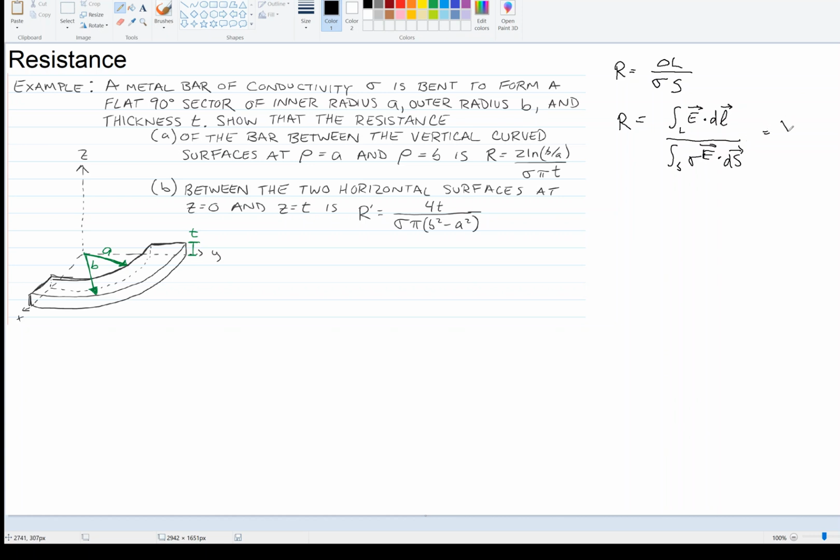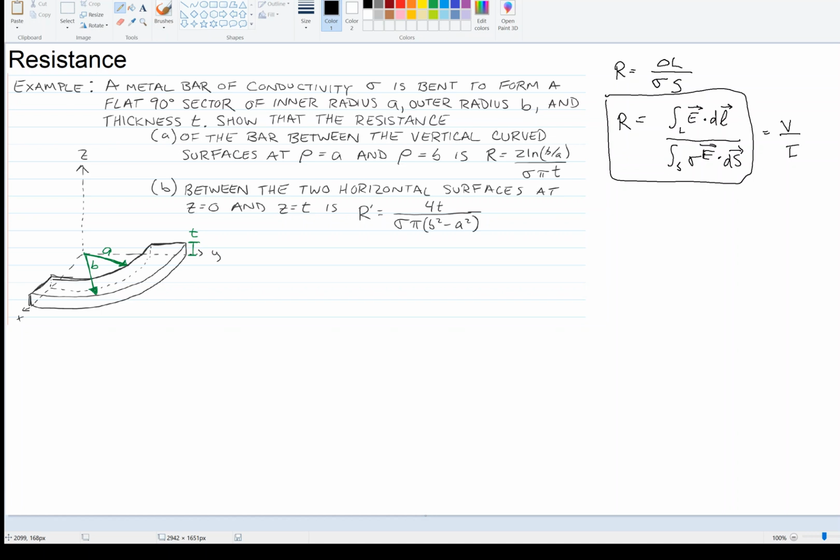Right? This is V over I. If you integrate the current density over the surface area, then you have the total current that goes through the conductor. So again, we saw this previously, but we did not apply it. We're going to apply it here in this video.